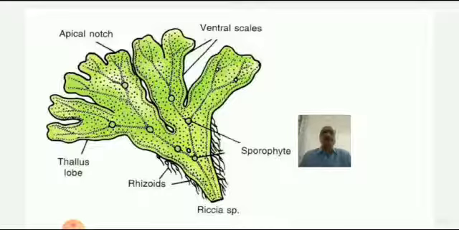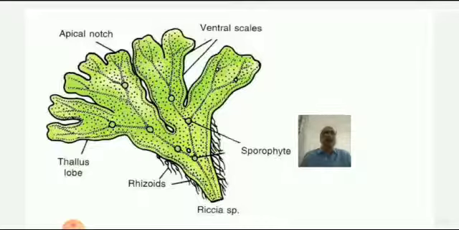Then we will see the external structure of the thallus. The gametophytic plant body is the dominant phase. The plant body of Riccia is flat, dorsiventrally flattened, prostrate, ribbon-like, and more or less fleshy.